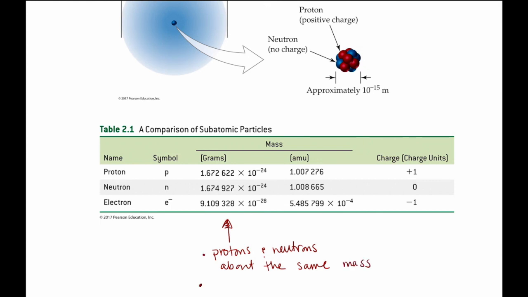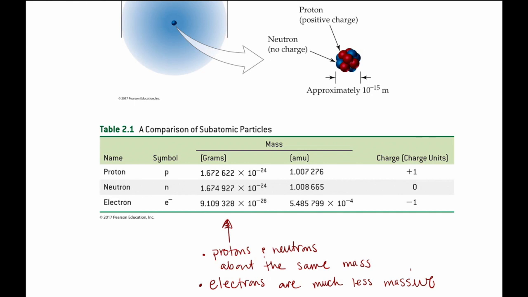The electron has much, much less mass. Electrons are by far the smallest of the particles, and protons and neutrons are about equal.